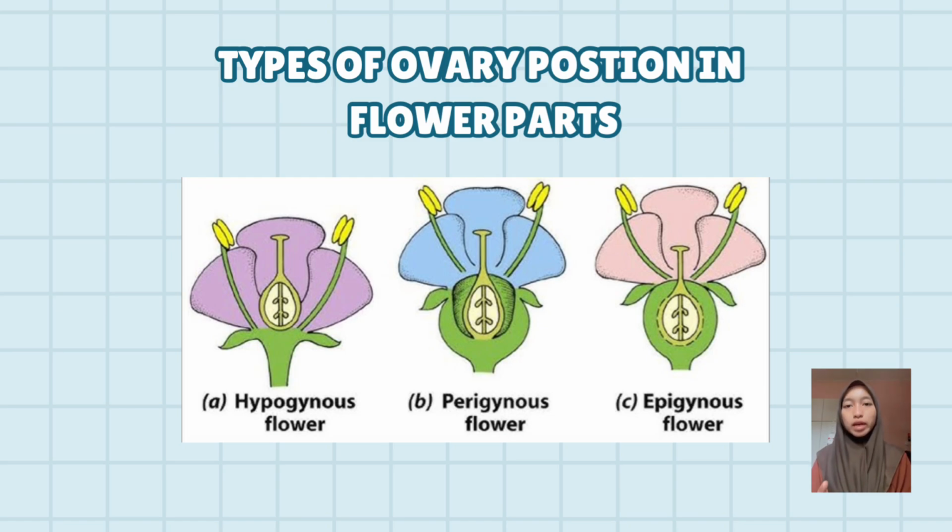Perigynous, the ovary is in the middle and the other flower parts grow around the ovary, forming a cup shape. Lastly, epigynous, in this type, the ovary is at the bottom and the other floral parts appear above it.